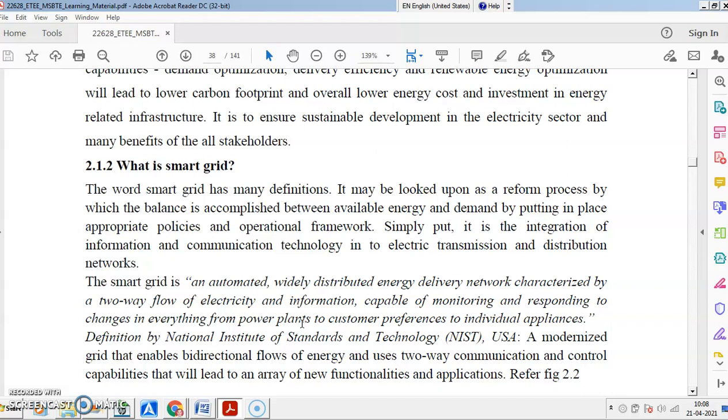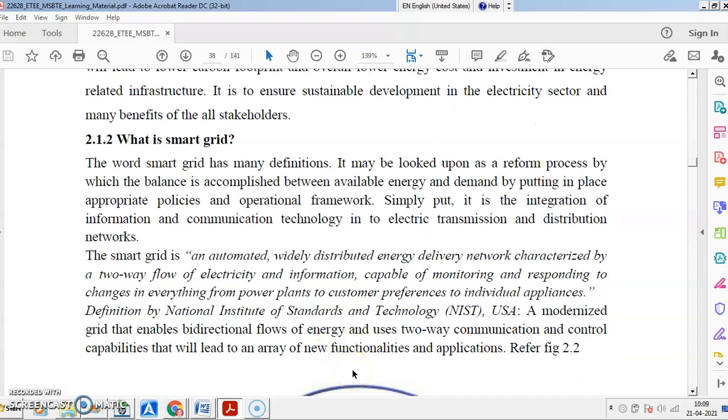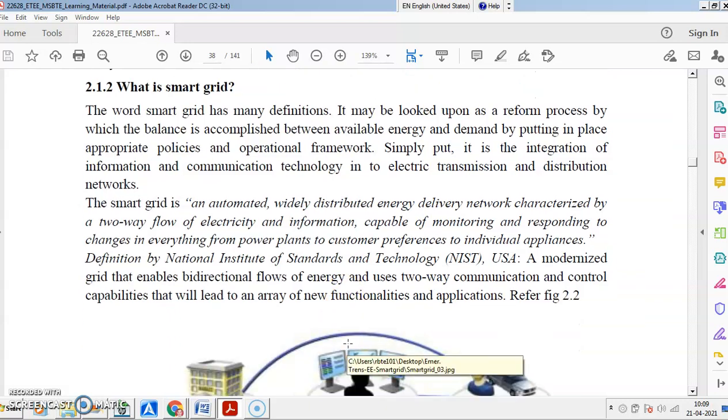The definition by the National Institute of Standards and Technology, NIST, USA: a modernized grid that enables bidirectional flow of power or energy and uses two-way communication and control capabilities that will lead to an array of new functionalities and applications.